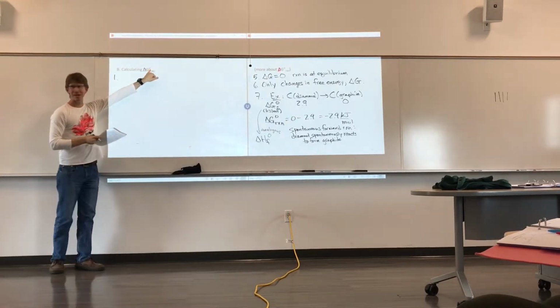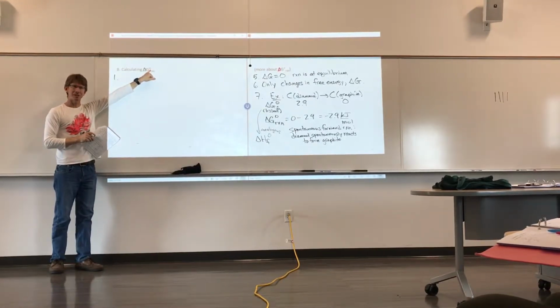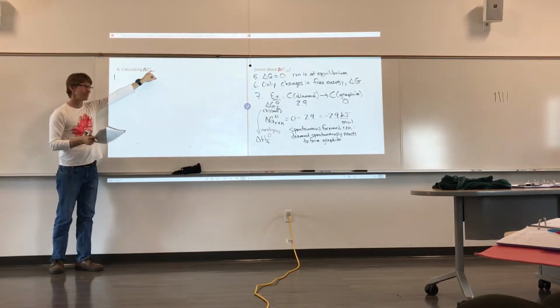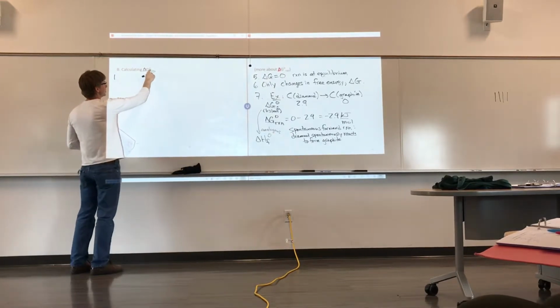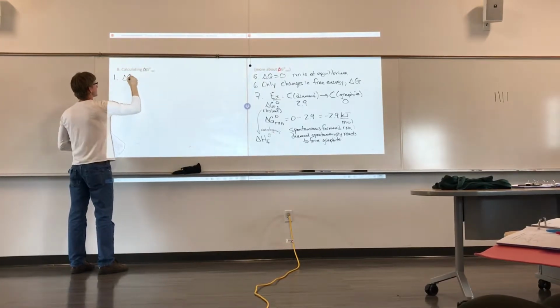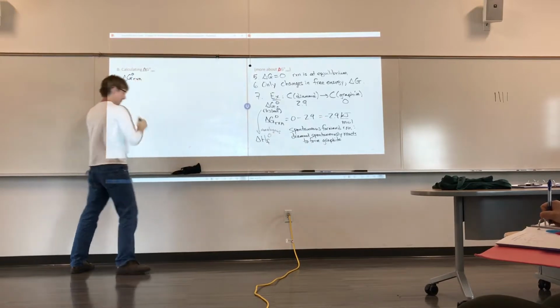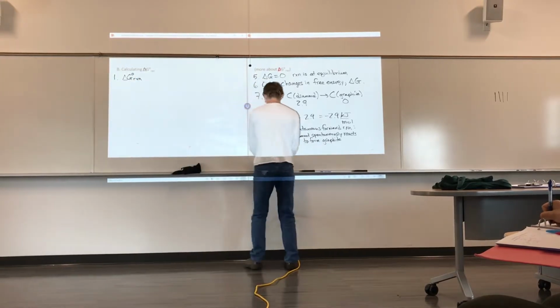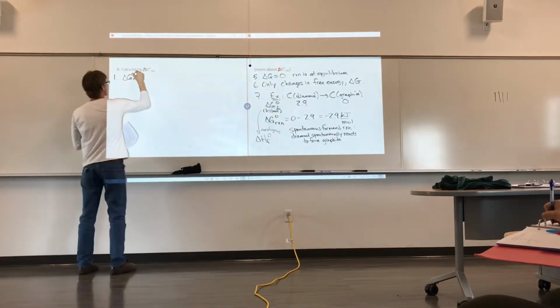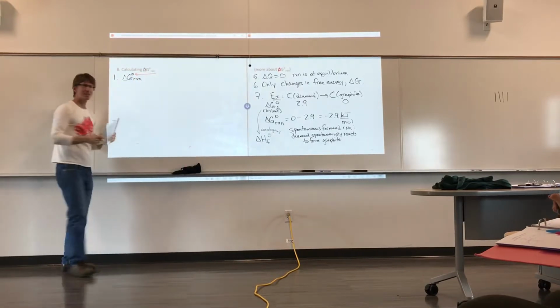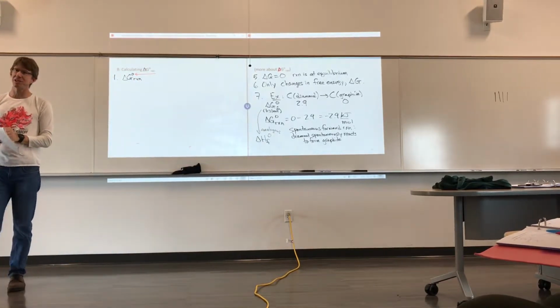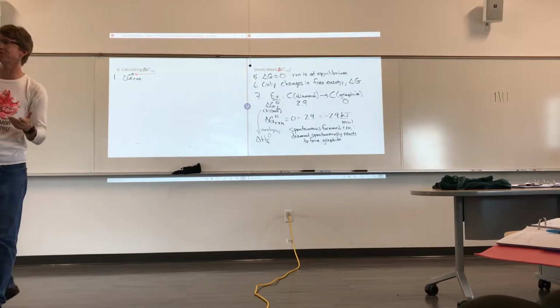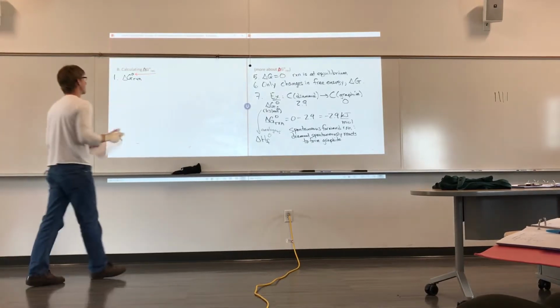Now it's time to talk about that little not symbol there. It's shown up in various aspects of this class. Okay, so this little symbol, it is the not symbol, so delta G reaction not, or delta G not reaction.